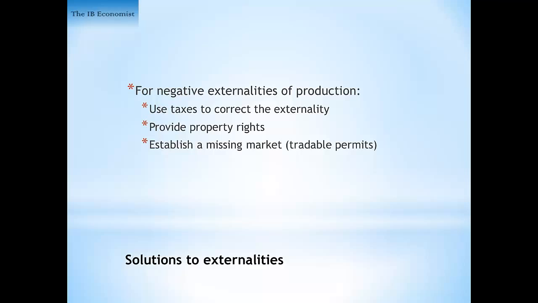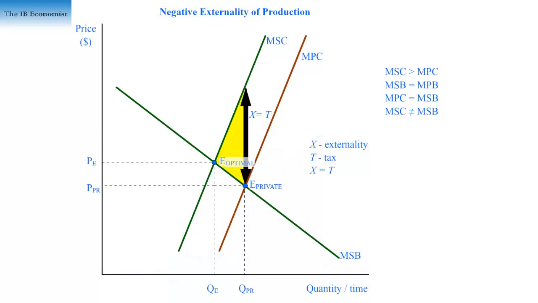Let's have a look at a graphical illustration of the first solution to the negative externalities of production, or more precisely by having a tax. This diagram illustrates a negative externality of production. We can see that the externality is equal to the vertical distance between the private equilibrium and the marginal social cost.